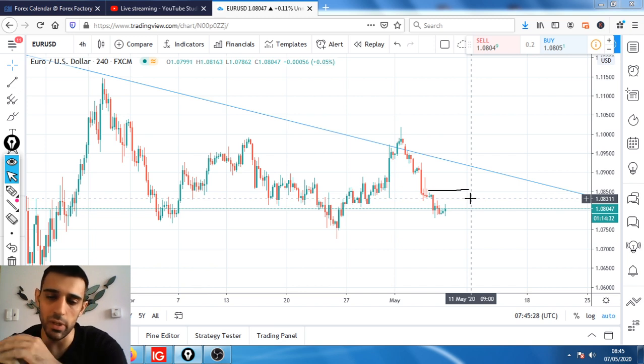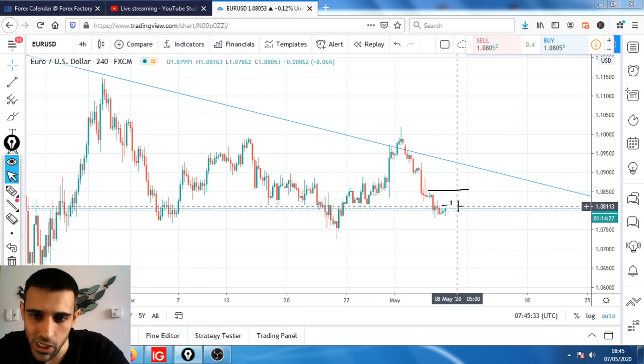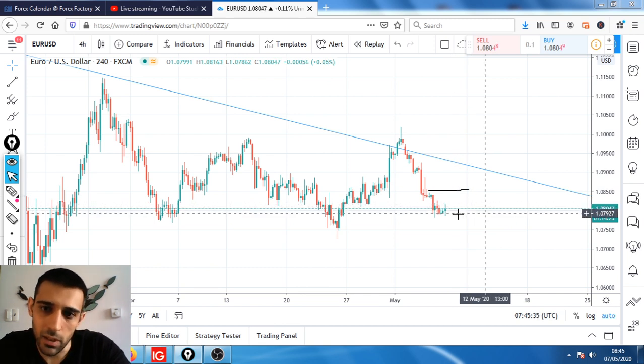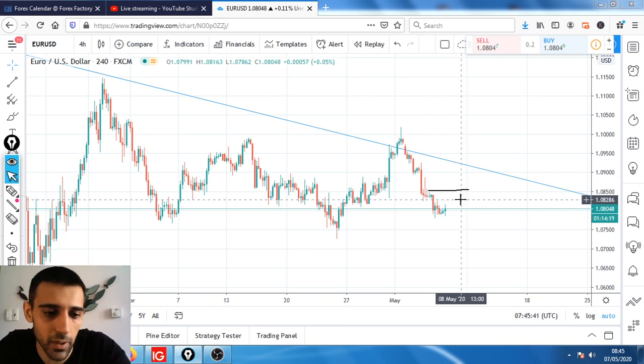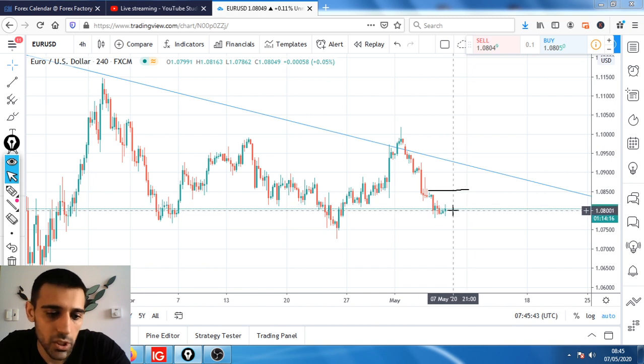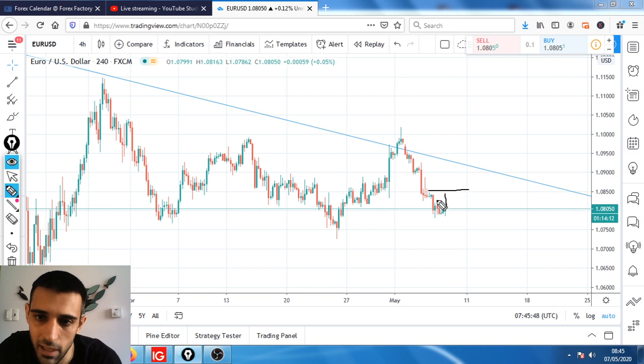It's on the 4 hour time frame because on a 1 hourly time frame I do want to see it, but I do want to see it on the 4 hourly time frame as well. So the main part is on a 4 hourly time frame. If the price comes up until midday, probably not, but it's possible.